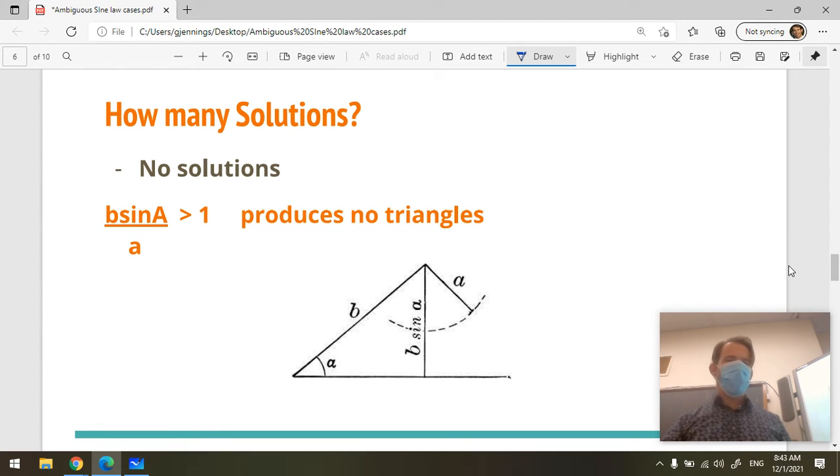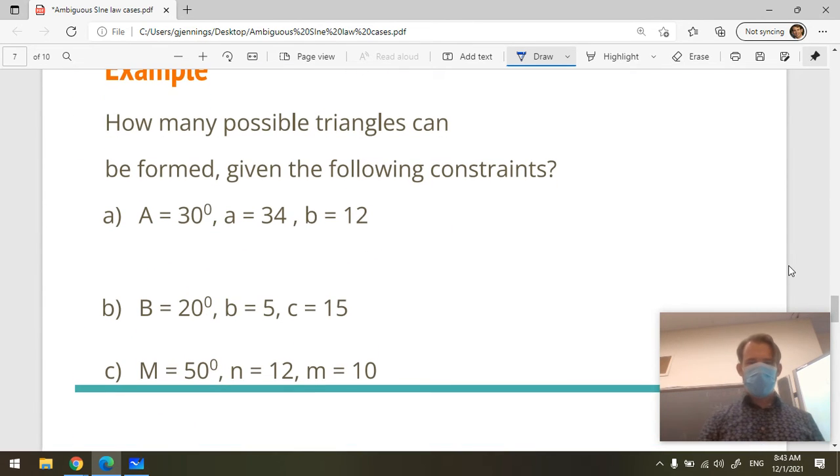So this is saying if sine B is bigger than 1, that's a no solution situation. That's where you're asking to create a triangle out of this side length B that's very long, and this side A that's not long enough to ever touch this line C down here. It would just swing like a pendulum above this line. It doesn't create any triangles.